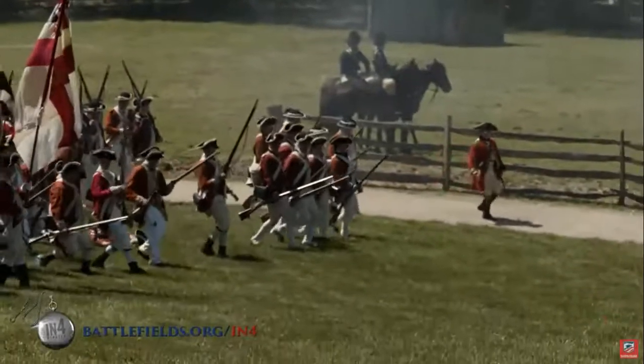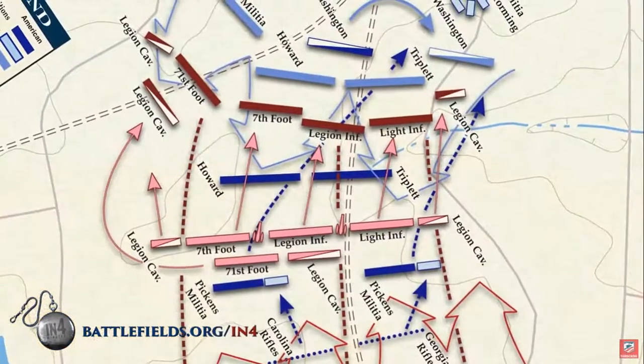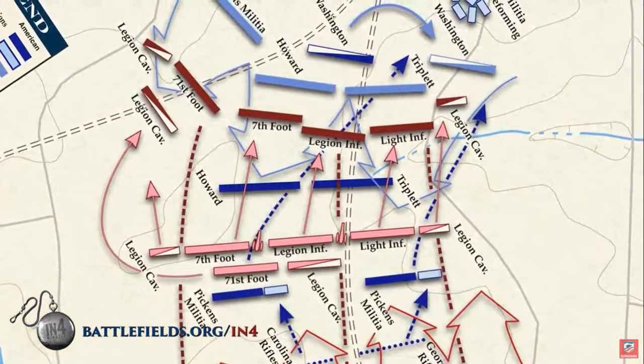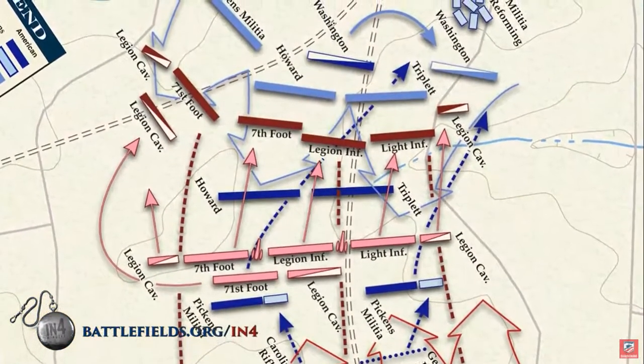Tarleton was advancing into Morgan's trap. When Tarleton's advance reached the third line, it was quickly brought to a halt by the Continental regulars. Tarleton decided to bring up his reserves in an attempt to flank the American position. To meet this maneuver, the Continentals faced about and withdrew calmly as if they were on the parade ground.